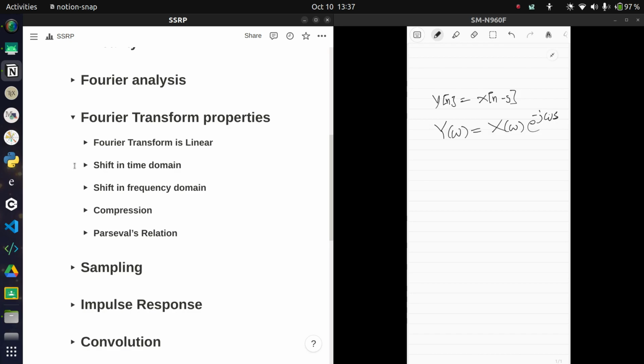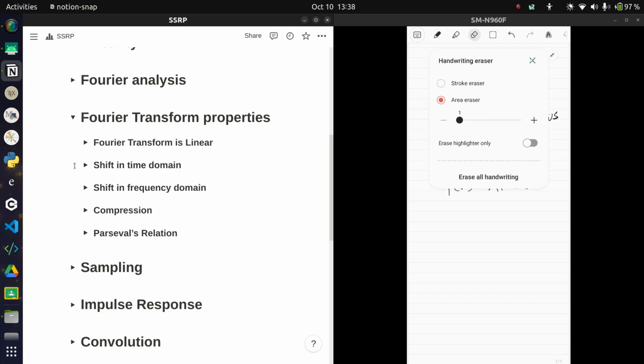What else was I doing? Okay, right, also the continuous case. Suppose y of t is x of t minus t naught. This is pretty easy, you can just jump from there to there. So y of omega, this time the CTFT, is e to the power, no, it's not supposed to be negative. Why did I write negative?